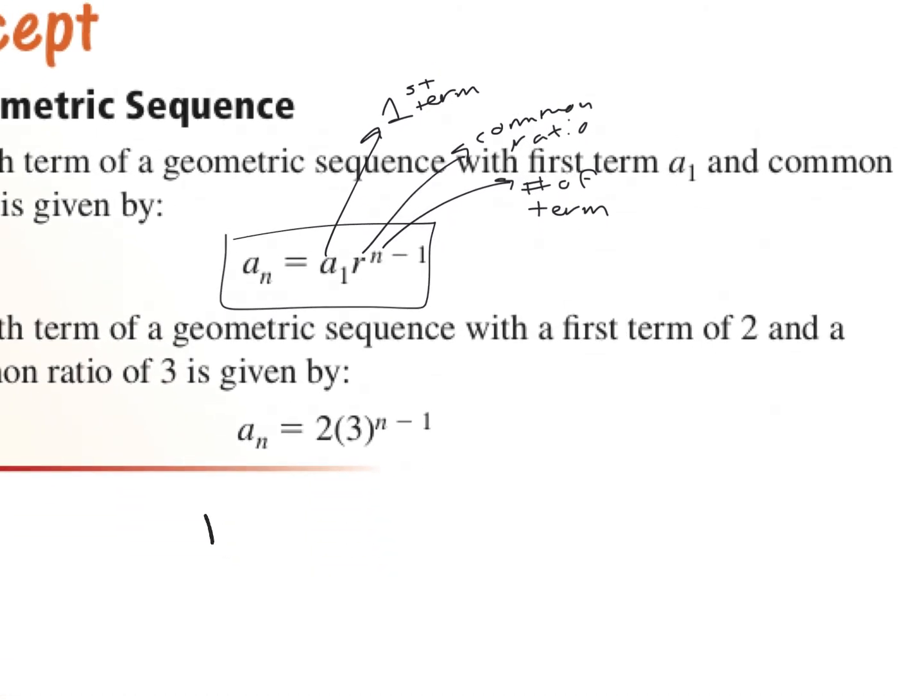And a quick way to find r is we divide the second term by the first term. So whenever it tells us that it's a geometric sequence, to find r, we just take the second term and divide it by the first one.